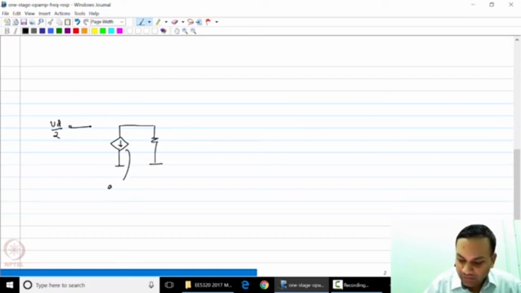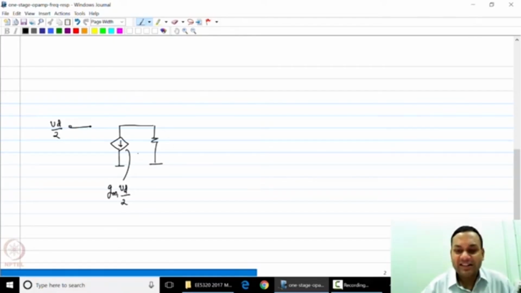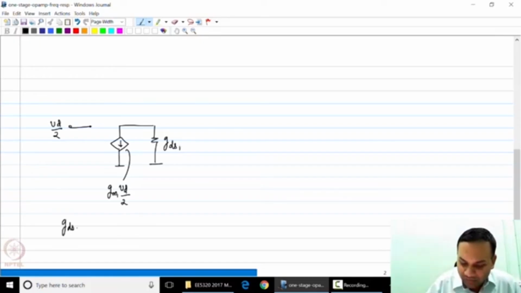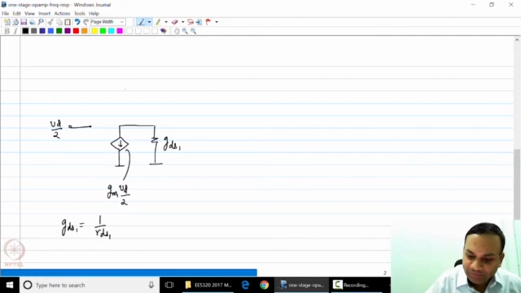So, this is GM1 times Vd by 2, and I will now express the resistances as their equivalent conductances. So, I'm going to call this GDS1. Clearly GDS1 is nothing but 1 over RDS1 and so on.